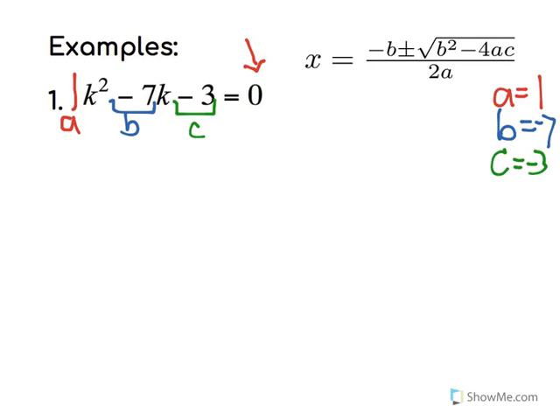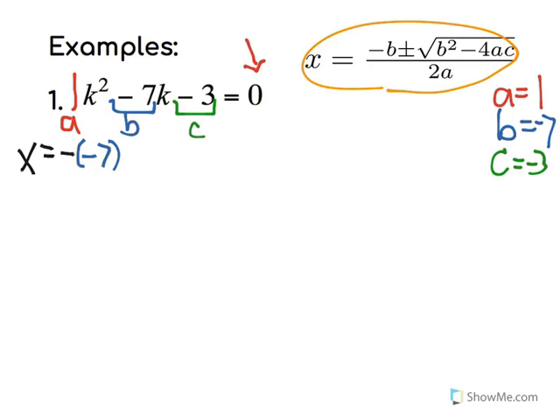So we're going to plug those values into our quadratic formula up here. So we have x equals, so the negative comes from the formula, this negative right here, and then our b value is negative 7, so we have negative 7, because that went in for b. And then plus or minus the square root of b squared. b is negative 7 squared.